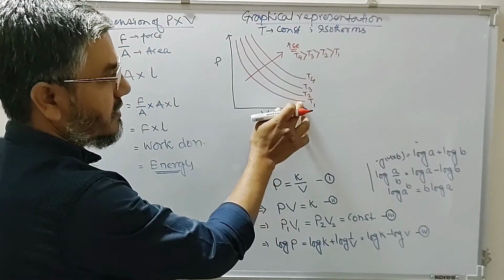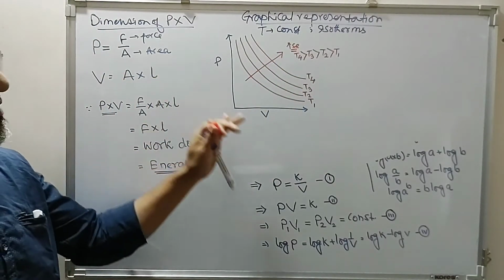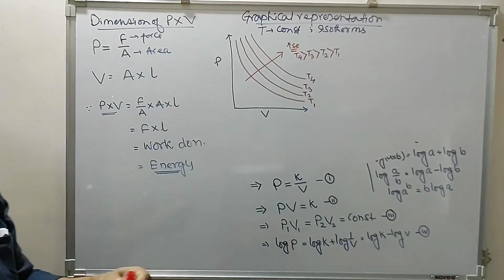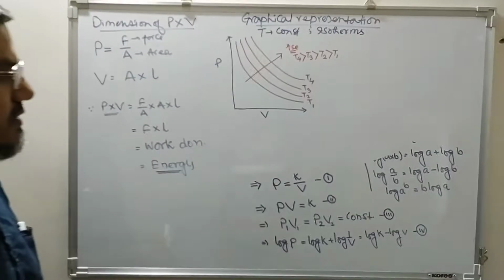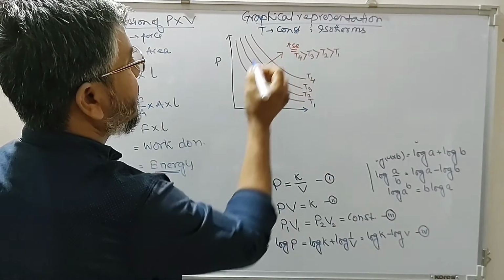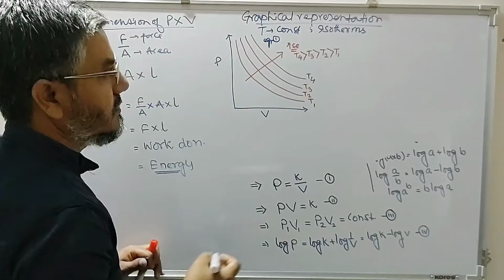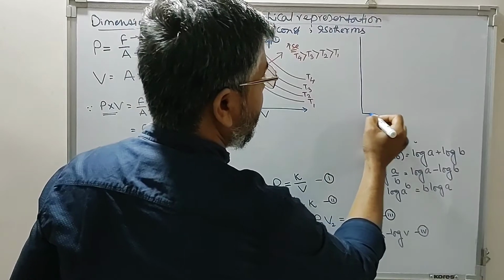This is the low temperature graph, this is the high temperature graph, for the same gas at different temperatures. So this is equation 1, the graph of equation 1.